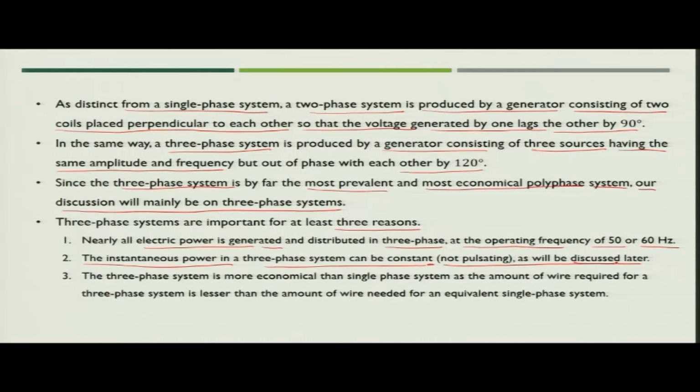We will discuss this phenomenon later in our course, how the power generated from the three phase system is constant. Third, the three phase system is more economical than the single phase system, because the amount of wire required for a three phase system is less than the amount of wire needed for an equivalent three single phase systems.